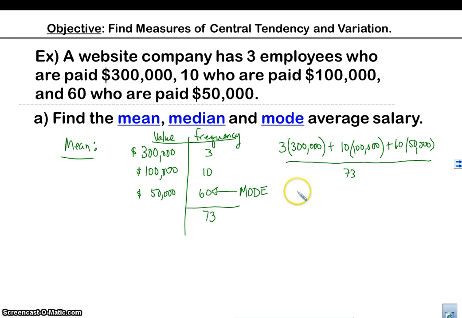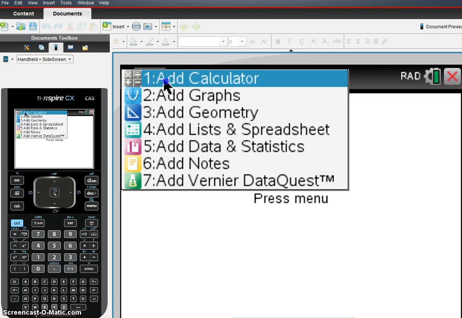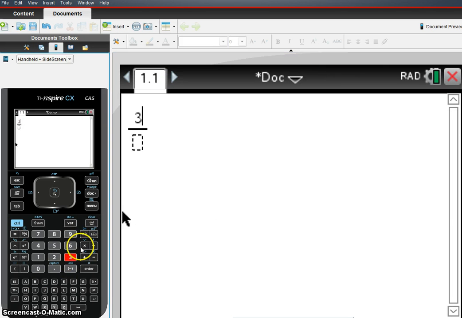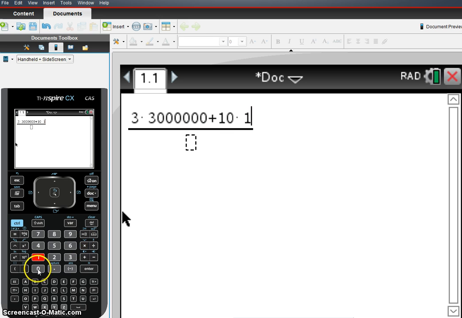That's going to give me my average. So let's go and see what that average is. I'll pull up my calculator here. I have 3 times 300,000, plus 10 times 100,000.